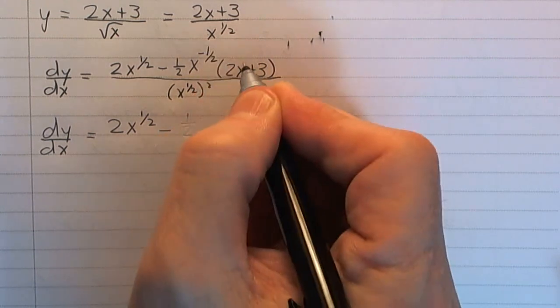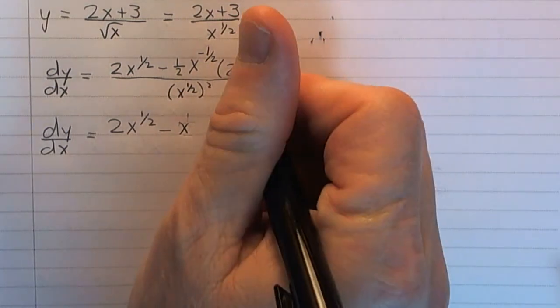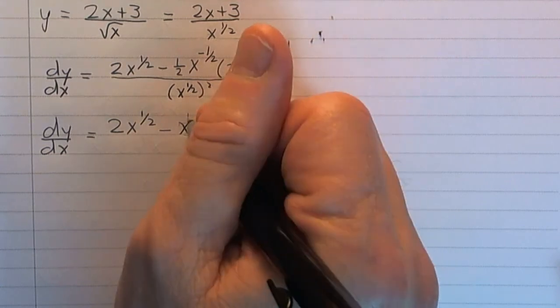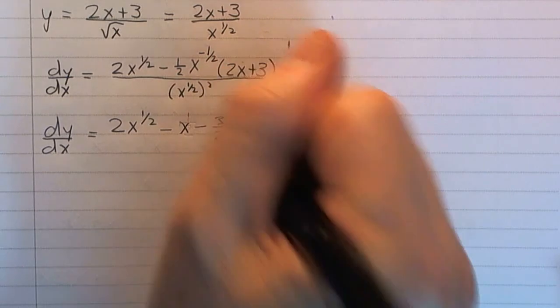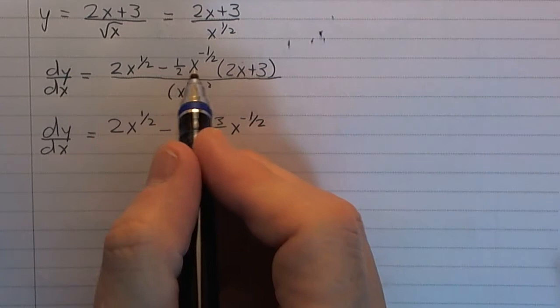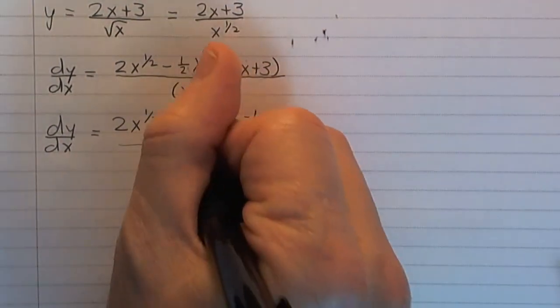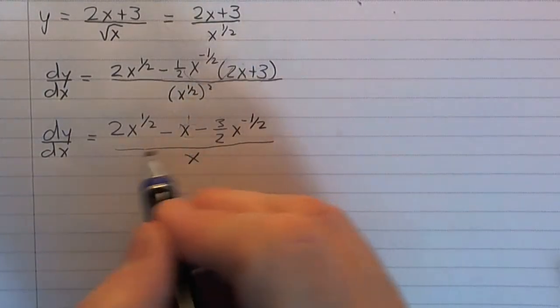And then negative 1/2 and 2/2, that's just x. Right? 2/2, that's what this is, x to the first, minus 1/2, so that's just x to the first, minus 3/2 x to the negative 1/2. Okay, so I just distributed that through, all over the bottom squared. Well, the bottom squared is just x. Okay, so this is what I have so far.